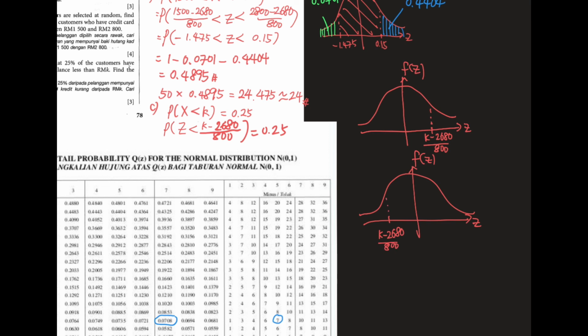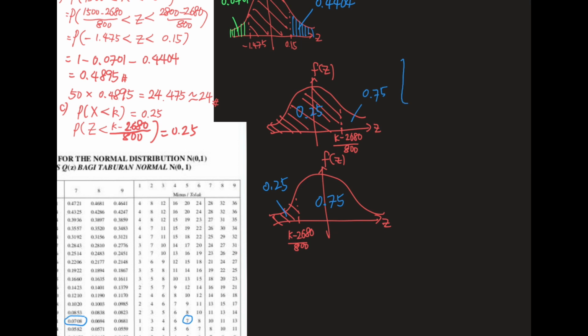If the z value is negative, then it is here. So z is less than that value, which means our shaded region is on the left. And the probability, which is area under the graph, is 0.25. If the left hand side is 0.25, the right hand side should be 0.75.